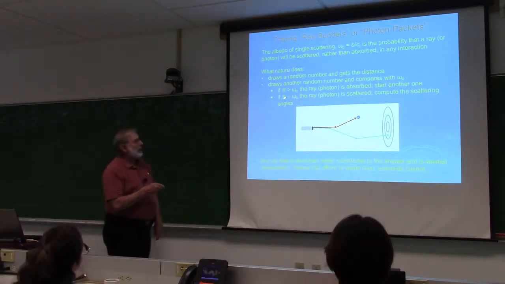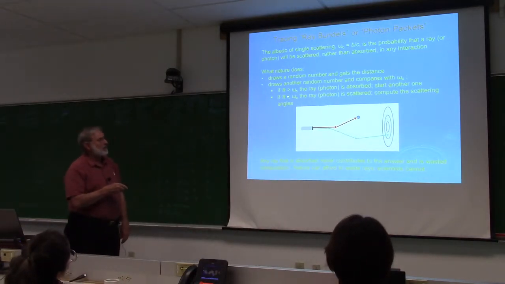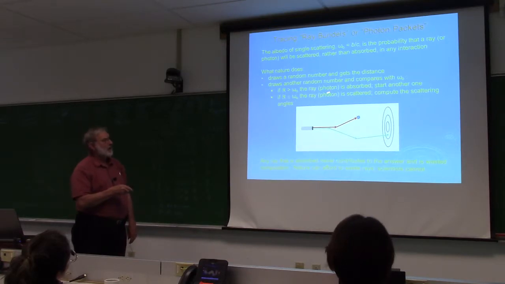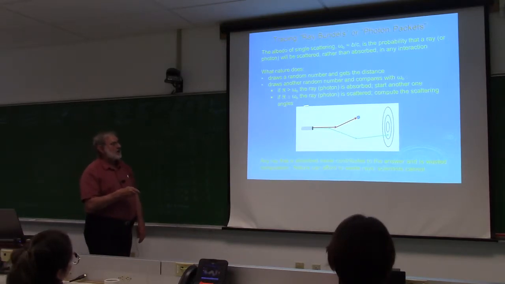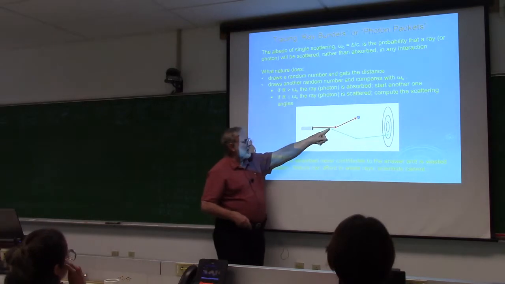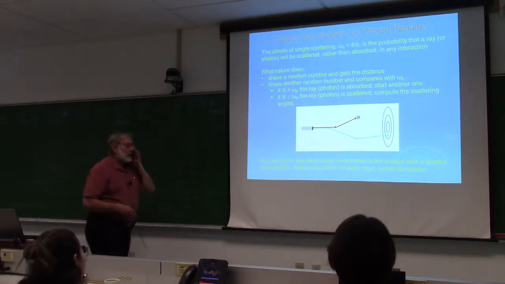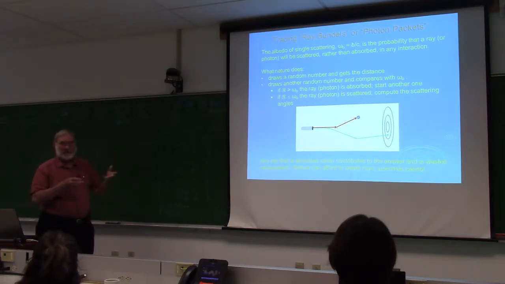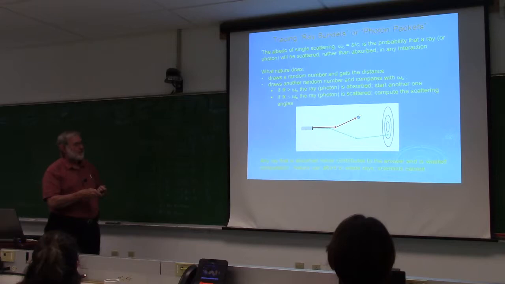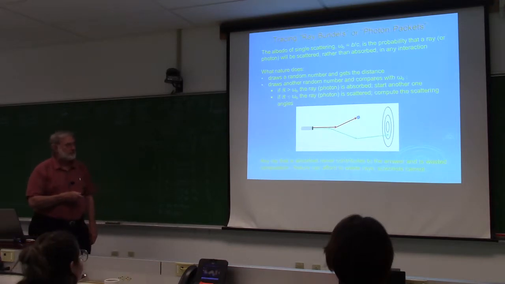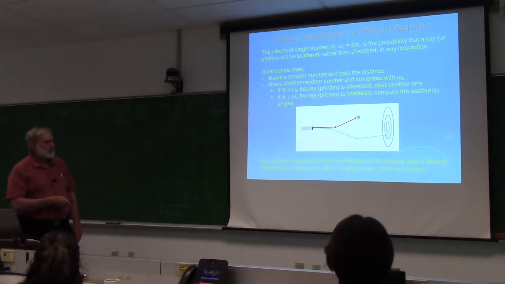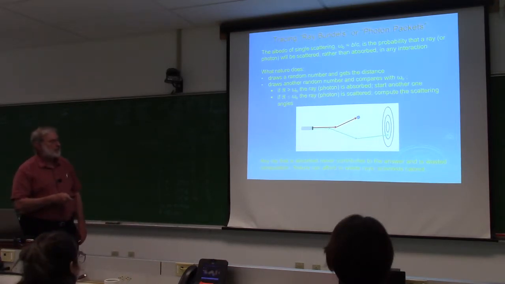Or if the random number is less than or equal to omega naught, then I'll say the ray is scattered, and I'll compute the scattering angles and carry on with another ray. Now, the problem with that mimics what nature does, but the problem is you're throwing away some of the photons that you spent computer time to generate and trace, and they never made it to your detector. Okay, so nature can afford to waste photons, but we can't.